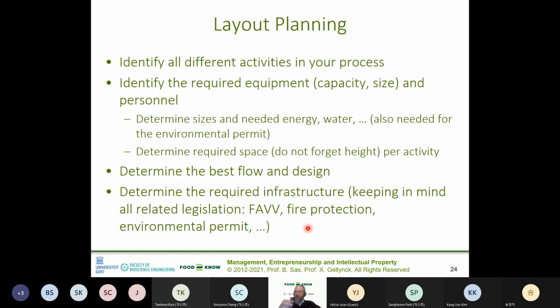Air current: there are specific regulations and specifications for that. Fire protection: the fire department has specific guidelines on how many fire extinguishers need to be present at which location. So they're all things that have to be taken into account when you do your layout planning.